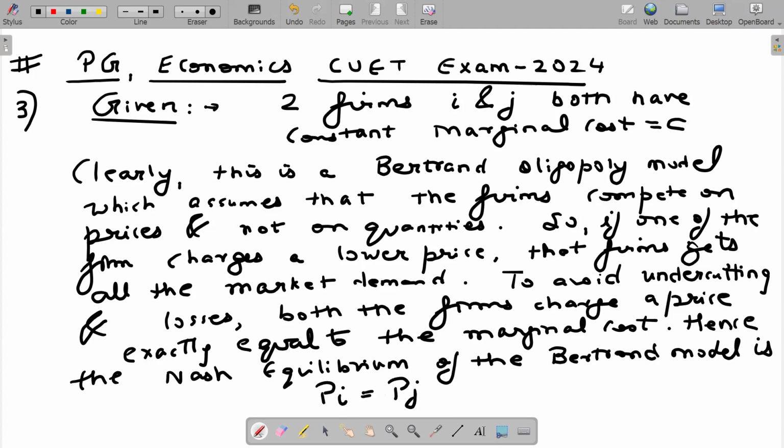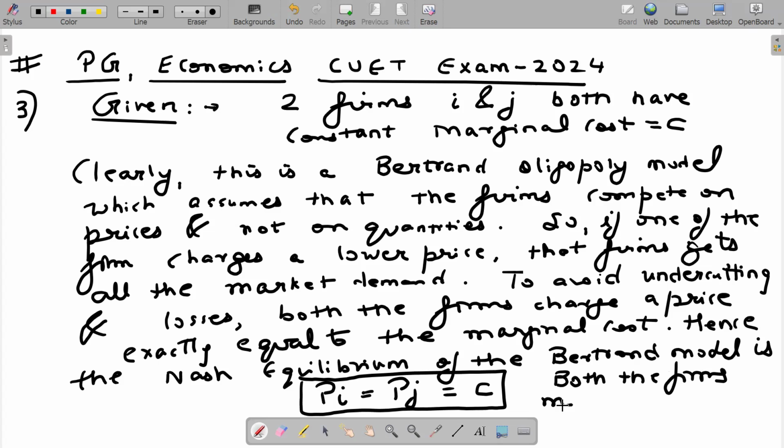PI is the price charged by firm I, PJ is the price charged by firm J. Both of them charge a price exactly equal to the marginal cost. So I can say that both the firms make zero economic profits. I can write both the firms make zero economic profits in the Nash equilibrium.